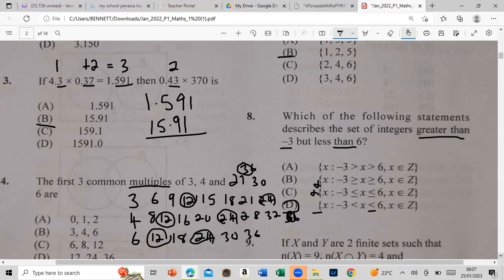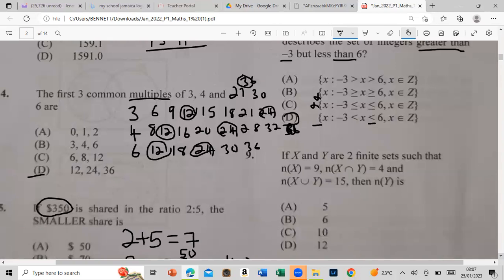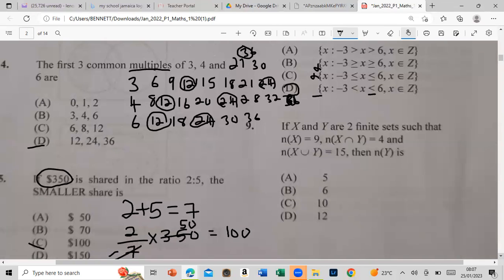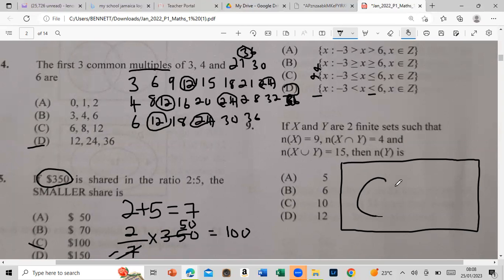Alright. Let's move on to this one now. It says, if x and y are two finite sets such that the number in x is equal to 9, and the number in the intersection of x and y is 4, call this x.